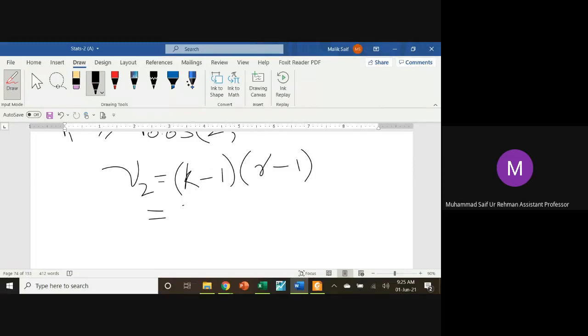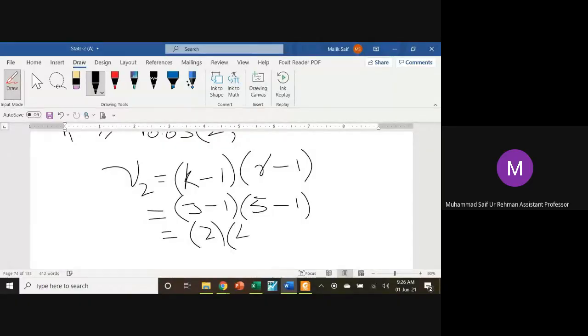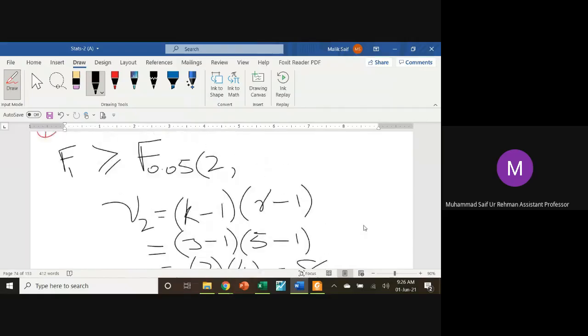There are 3 treatments, minus 1. And how many rows or how many blocks are there? There are 5 blocks. I mean, 5 employees are there. So 5 minus 1. So this will be 2, and this will be 4, so nu 2 will be 8. For detailed discussion on this, you can see the previous lecture. The answer is 8, so nu 2 is 8.